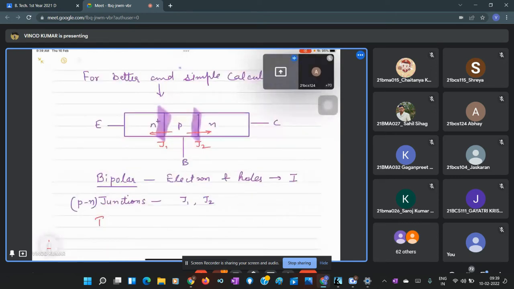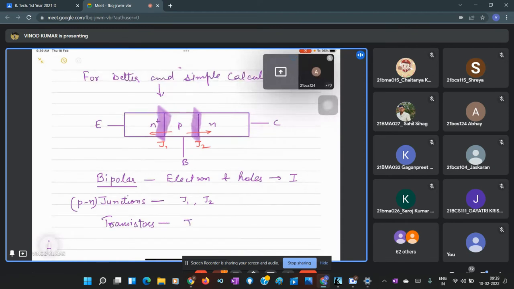The third one is transistor. I hope you know this; I am just repeating these things.